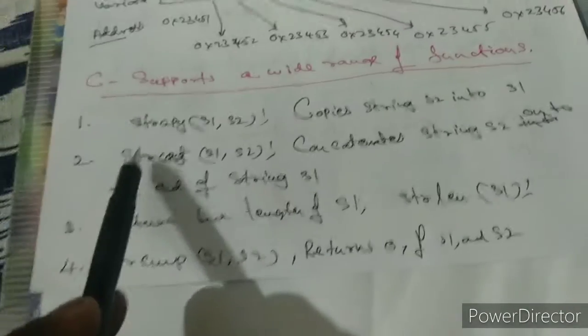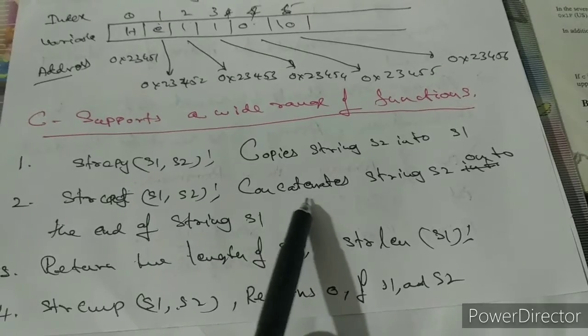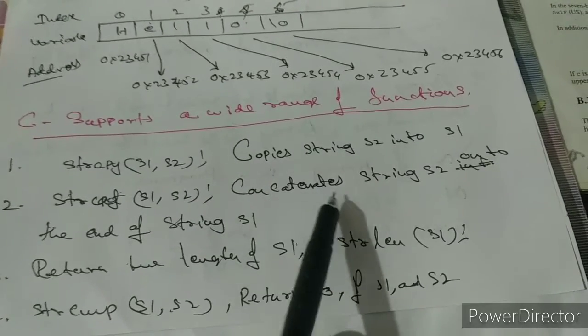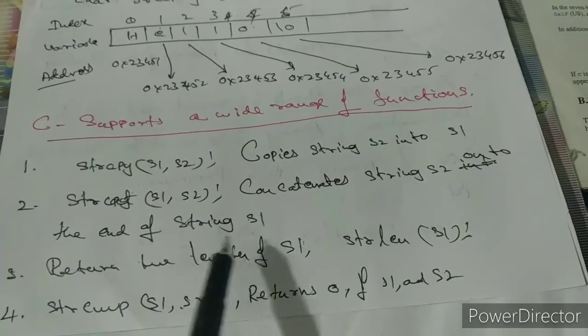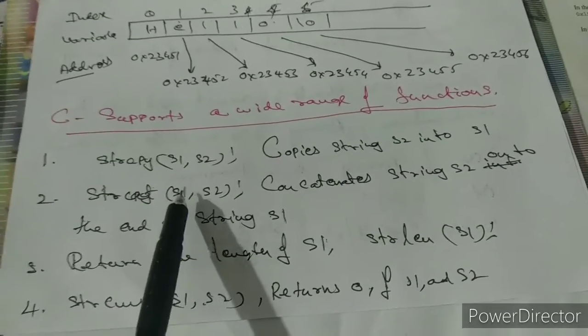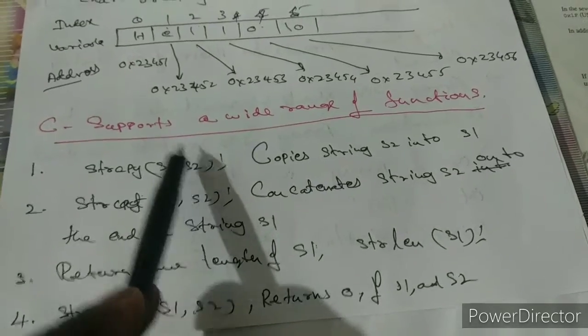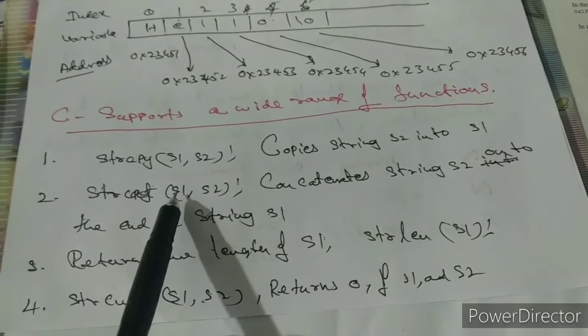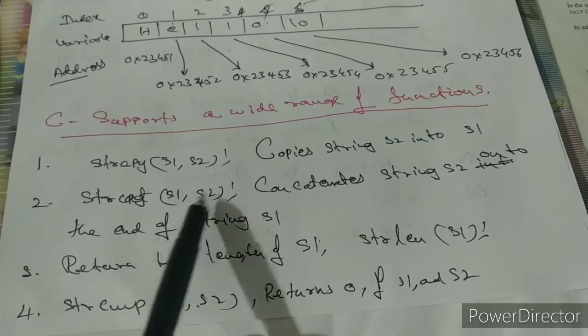Similarly, we have string concatenation. String s2 is concatenated onto the end of s1. Here both contain valid strings.